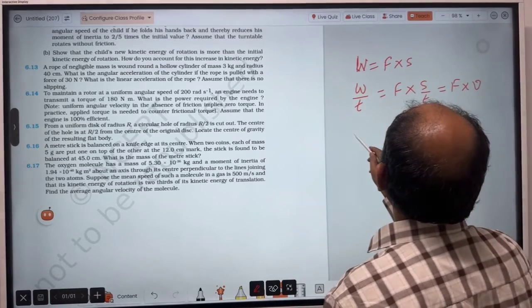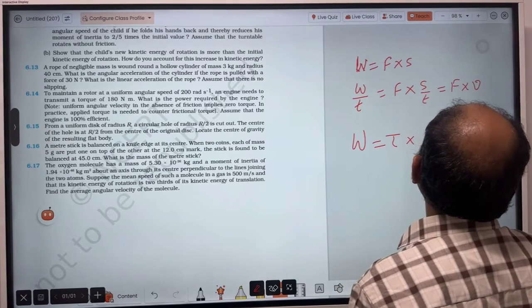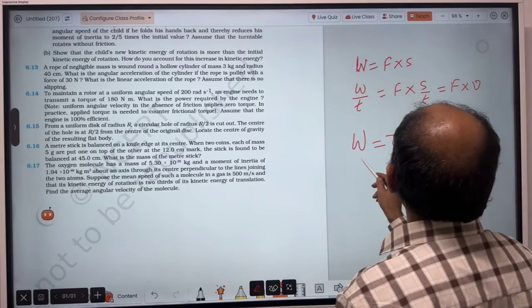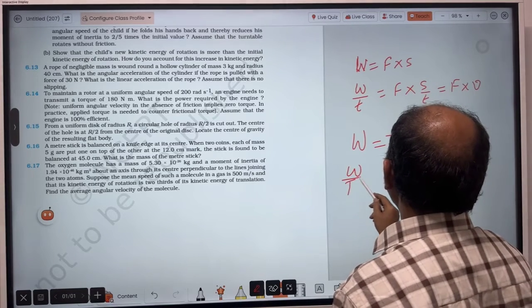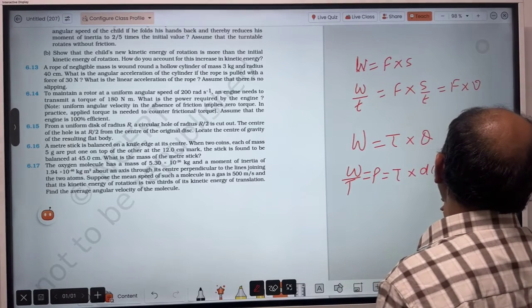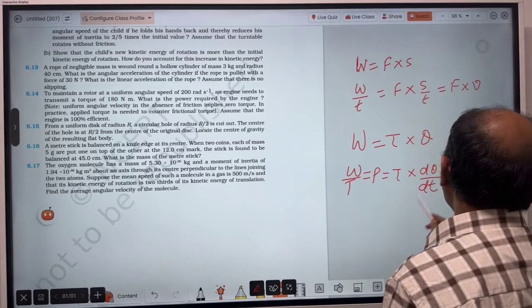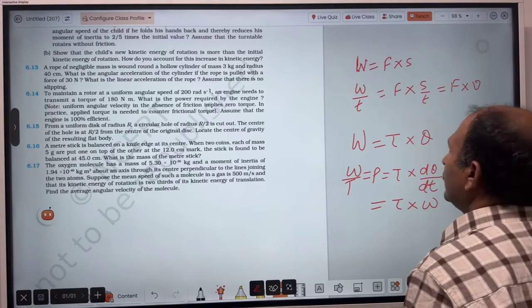Now in terms of torque, W equal to tau into theta. If you divide it by time, W upon T, which will be power, so tau d theta by dt, and d theta by dt means omega, so tau into omega.